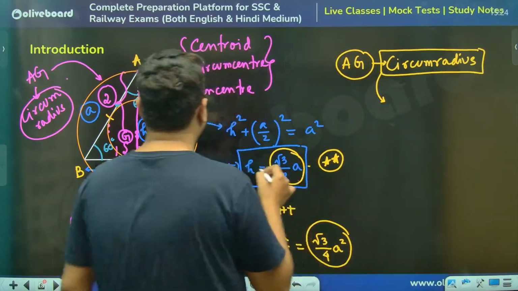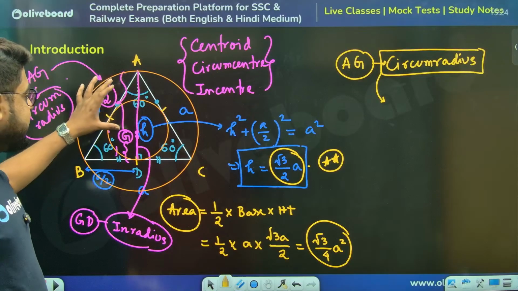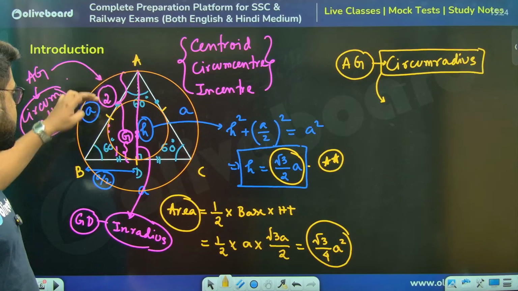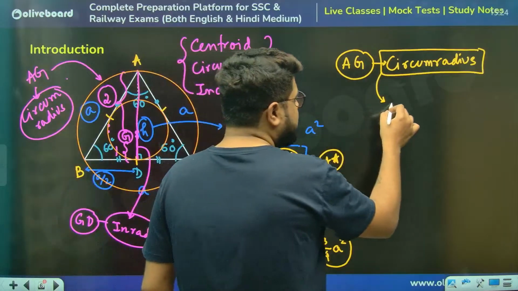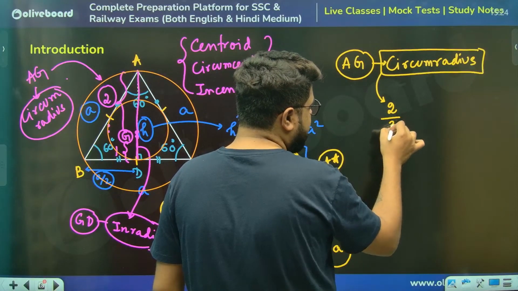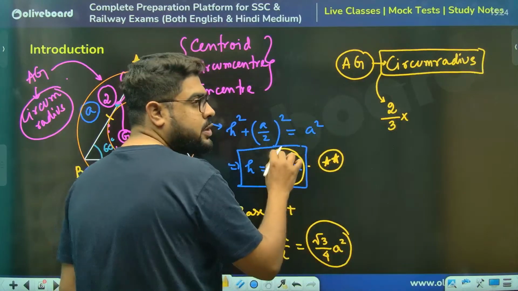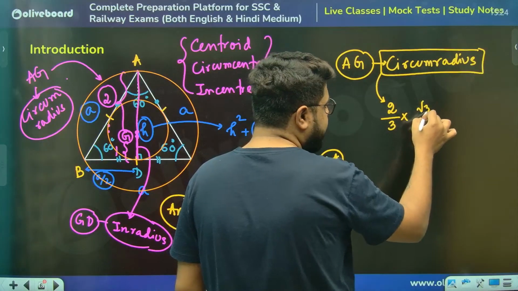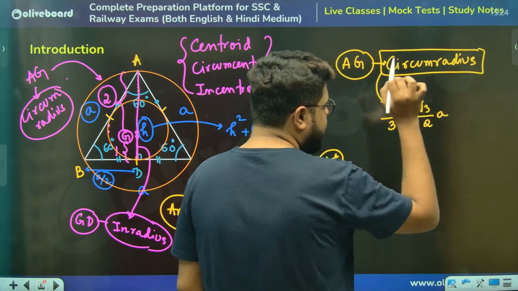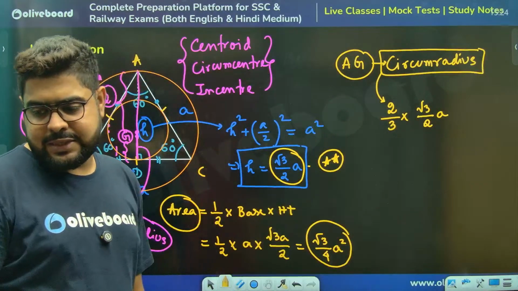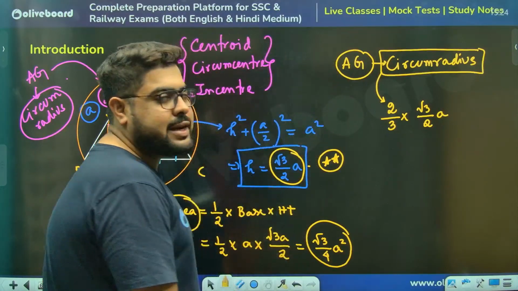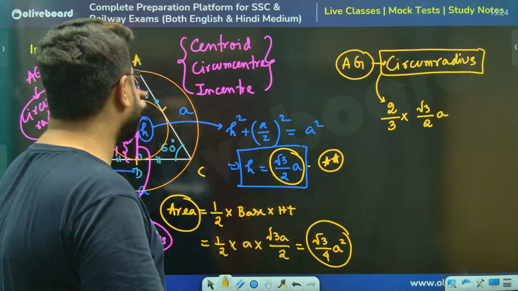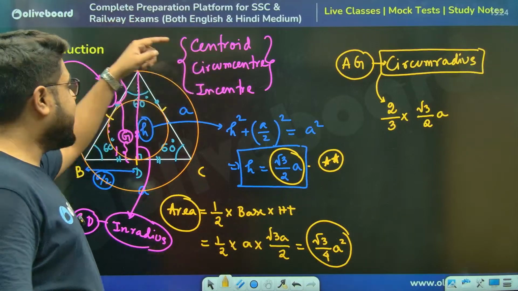So height was this. This total AD, AG is 2 by 3 parts. This is 2:1, means this is 2 out of 3 parts of the total height. Total height is √3 divided by 2 into A. Everyone, this is clear, sir? Arvind, you tell me, circumradius plus inradius, both sum has to be the total height.